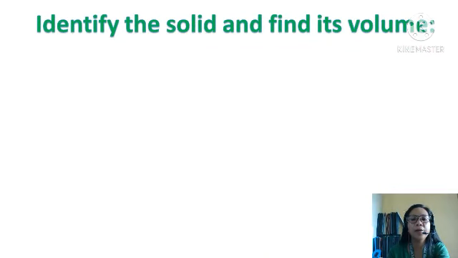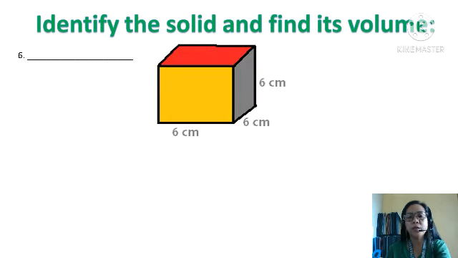Another solid figure and how to compute for its volume. So, what solid figure is this? As you notice, the length is 6 centimeters, the width is 6 centimeters also, and the height is 6 centimeters again.